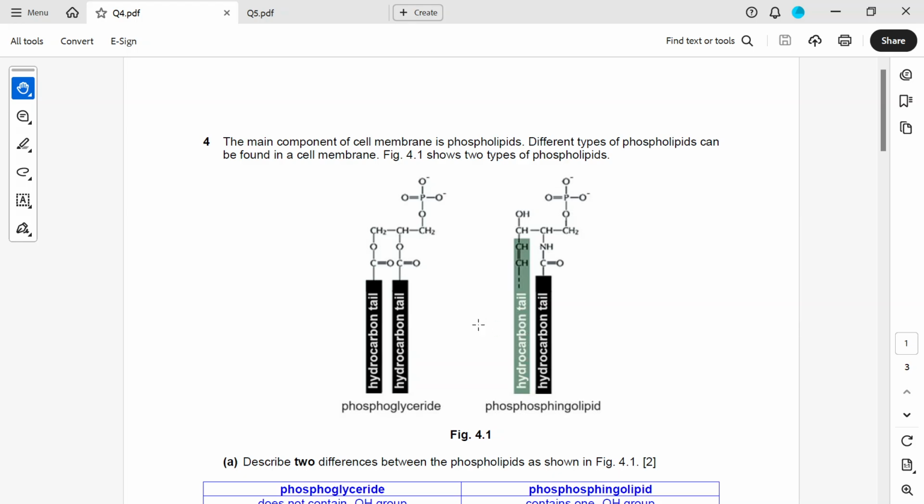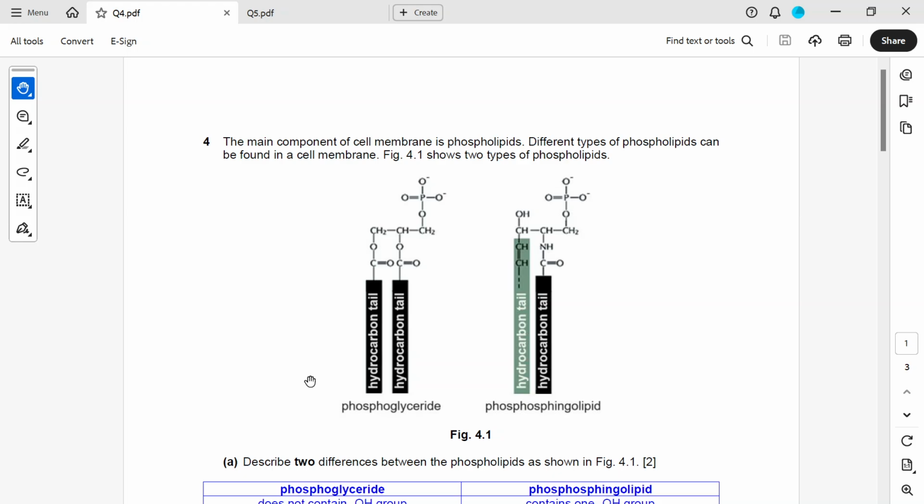For the phosphoglyceride, the normal structure of the phospholipid, the hydrocarbon tail shown here is a representation. It's not showing you the chemical structure. Even though the box is given as a straight chain, it's a representation.